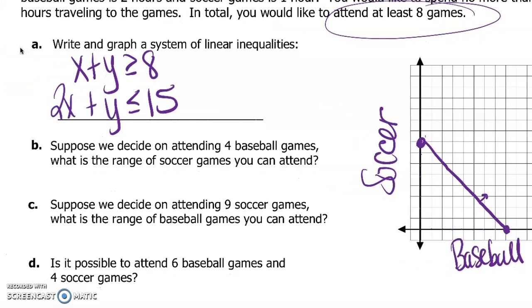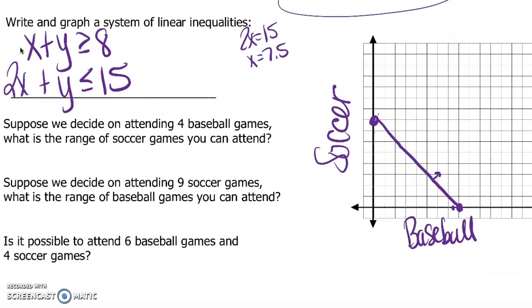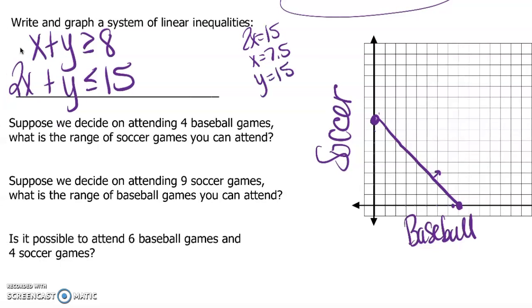If I do my intercepts here, I would get 2x equals 15, so x equals 7.5. So it's going to be kind of hard to do. It's going to be right there. And then y equals 15. So that's at the very top. You also could solve this and get y is less than or equal to negative 2x plus 15.